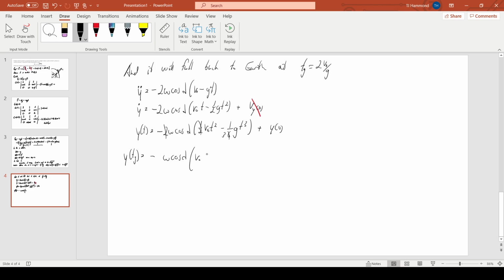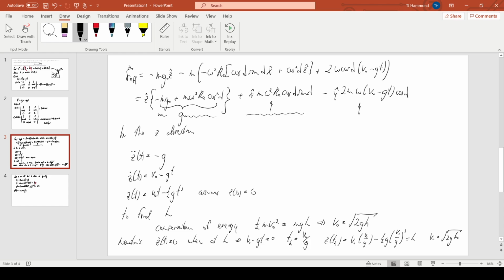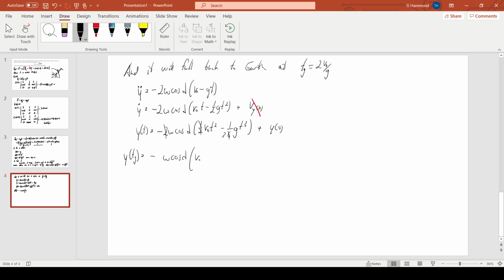So we get v naught, and then we saw that this hits the ground at 2 v naught over g. So we substitute that in, and we get 4 v naught squared over g squared minus 1/3 g, and this gives you 8 v naught cubed over g cubed, so that cancels with that g, plus y naught.